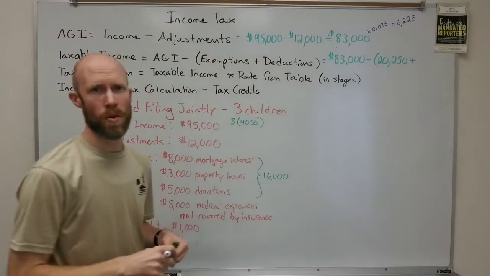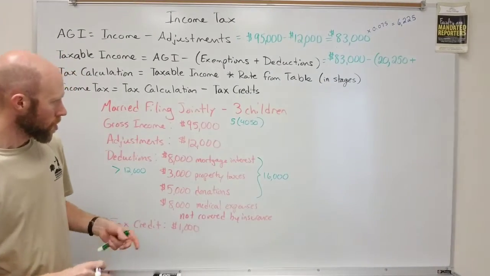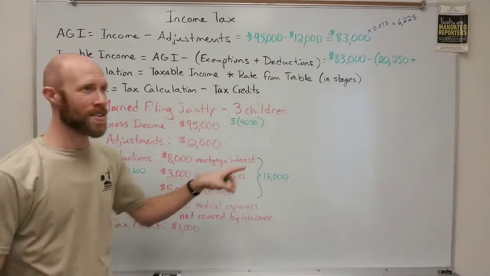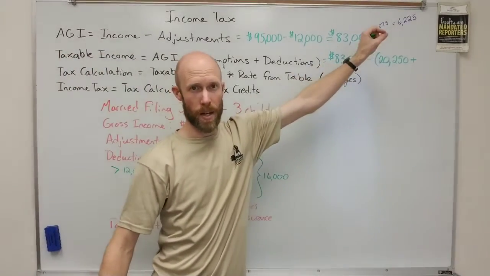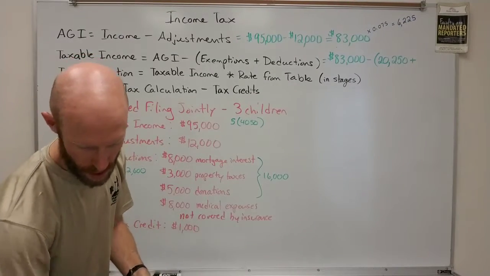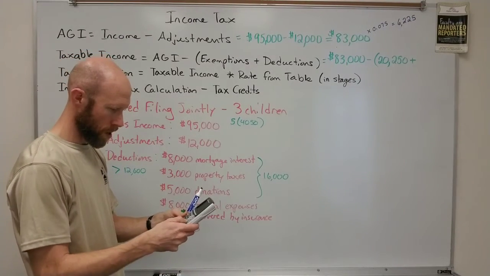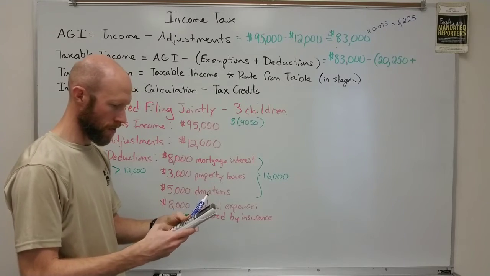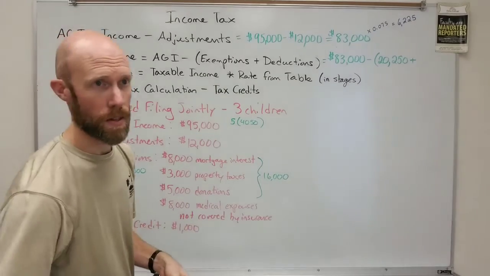Right, 6,225. So not all of the 8,000 is covered, just what is in excess of that value, okay? So if you take the 6225 off of the 8,000, 8,000 minus the 6225 is 1775.